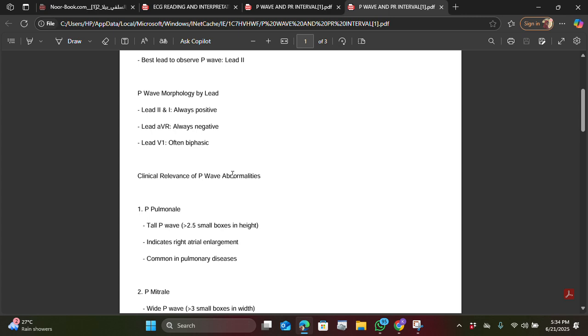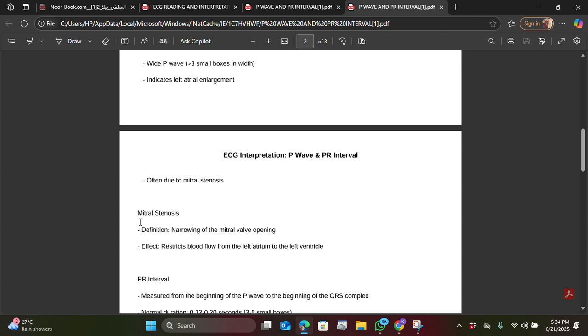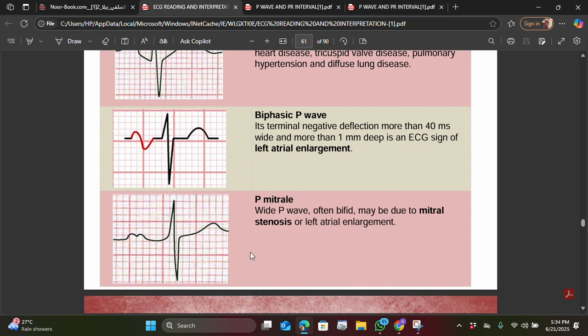P mitral. Mitral stenosis is narrowing of the mitral valve, and the effect is that it restricts blood flow from the left atrium to the left ventricle. So when there's mitral stenosis, what you usually see is the P mitral, a wide P wave, wider than three small squares.